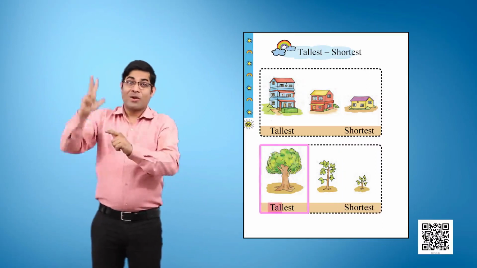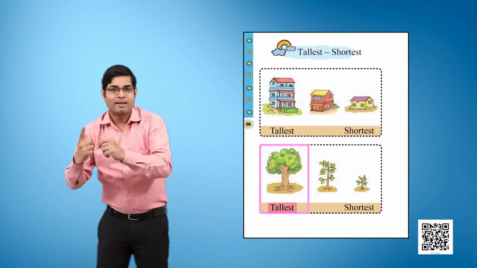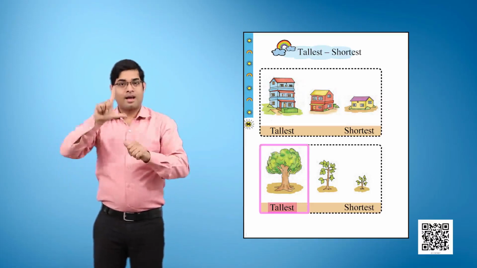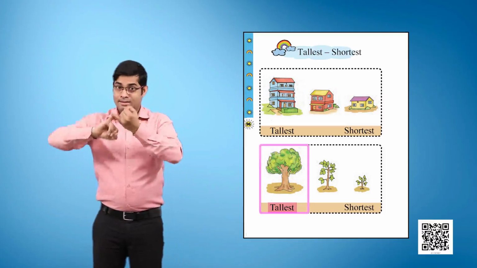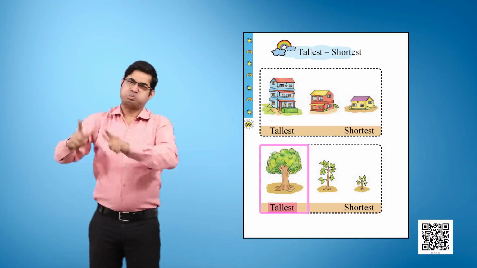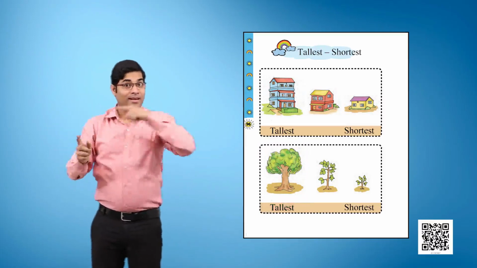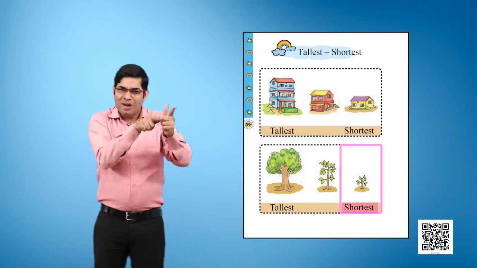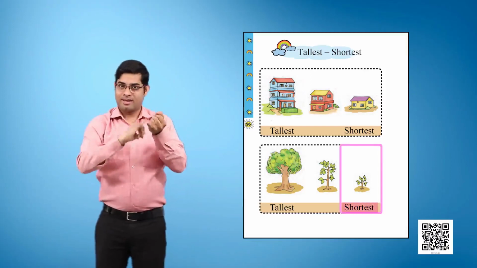The word tallest is written beneath the tree. And shortest is written beneath plant 2.